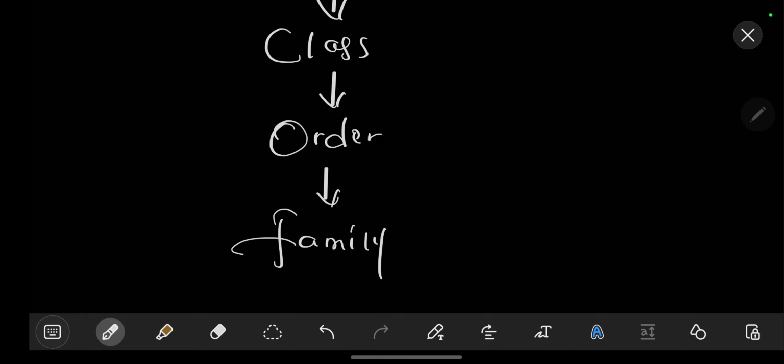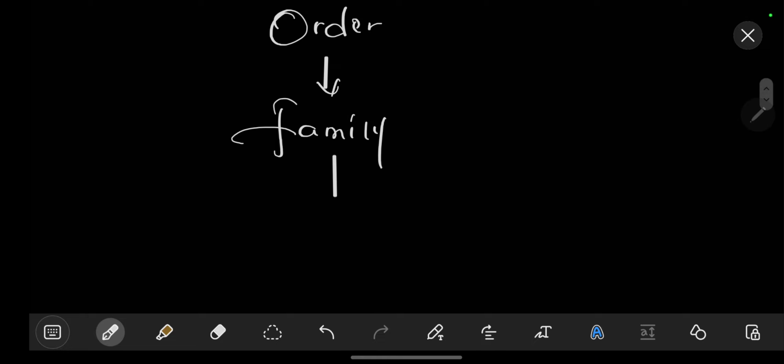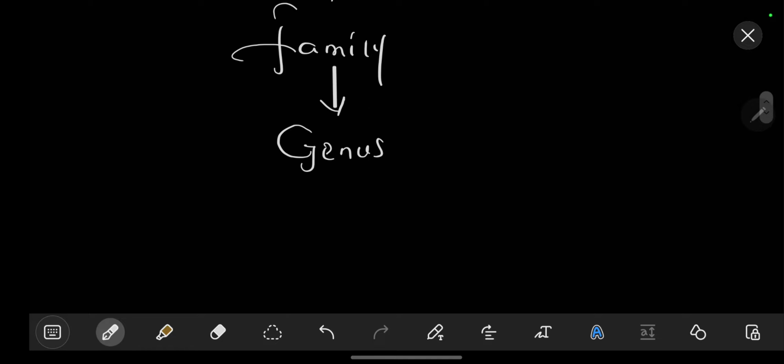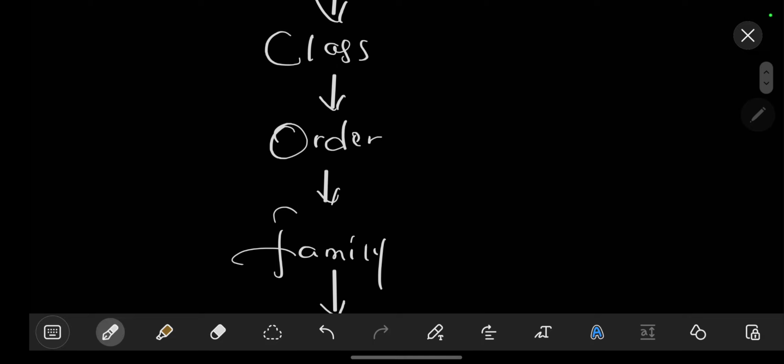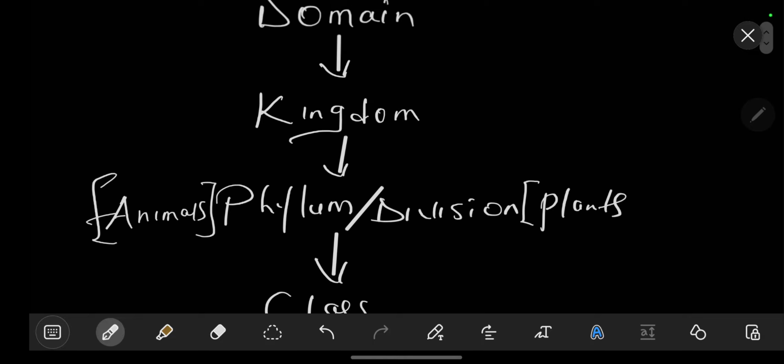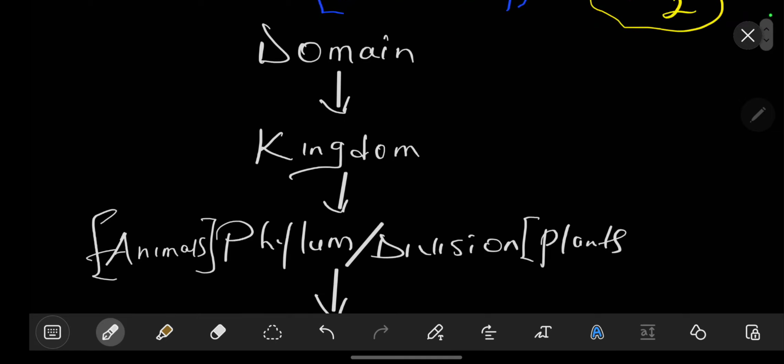Then what comes after family is of course genus. So genus comes after family. Then what comes after genus is what I call species. So these are the 1, 2, 3, 4, 5, 6, 7, 8. Okay, that's 9 now. 8 or 9 are about.